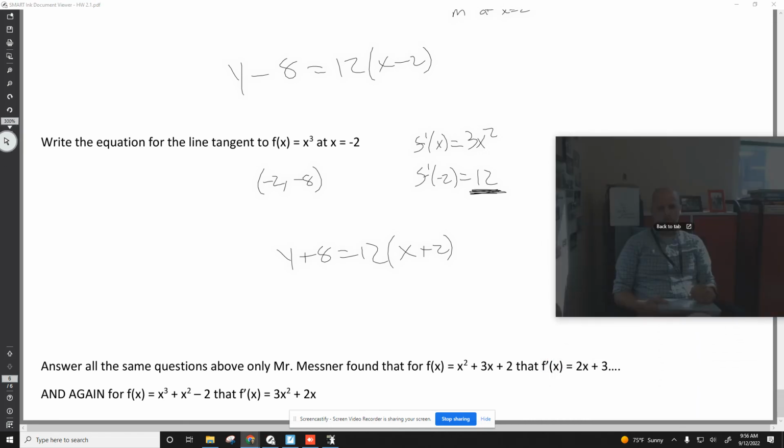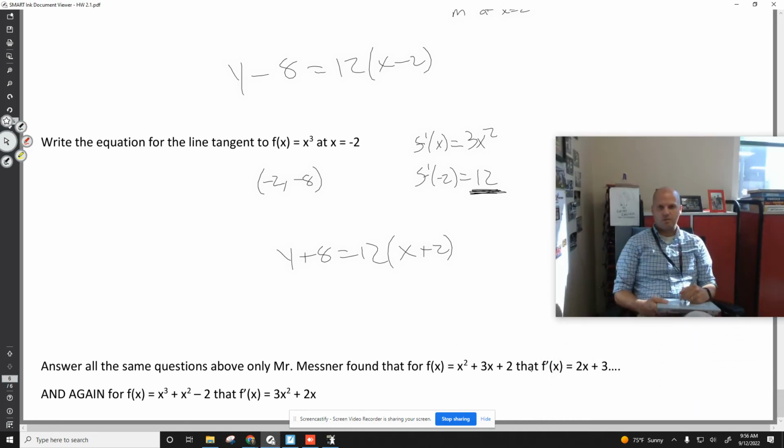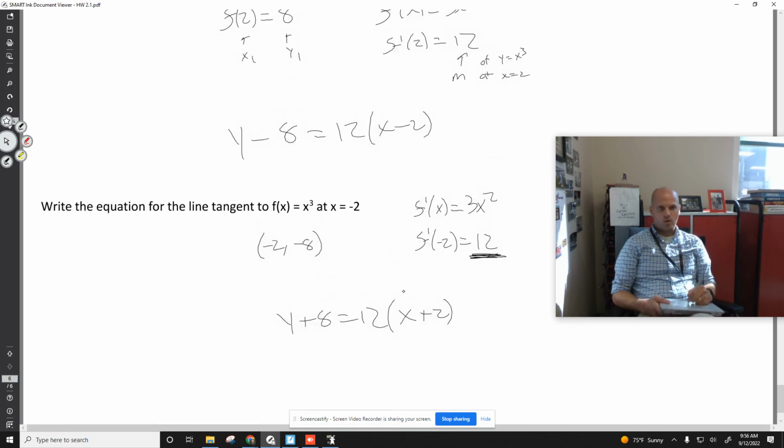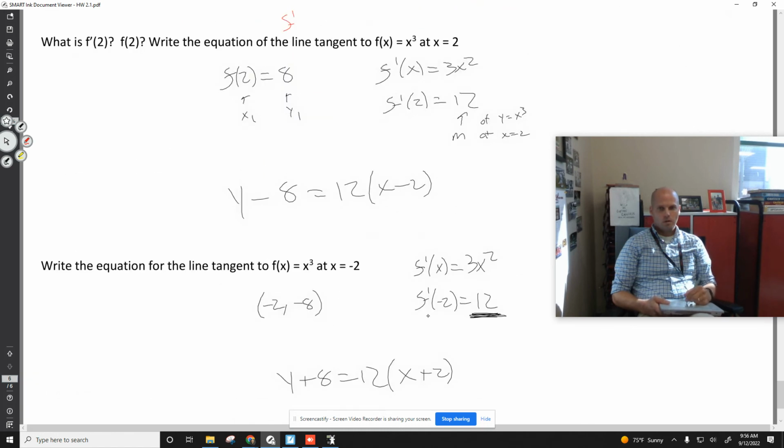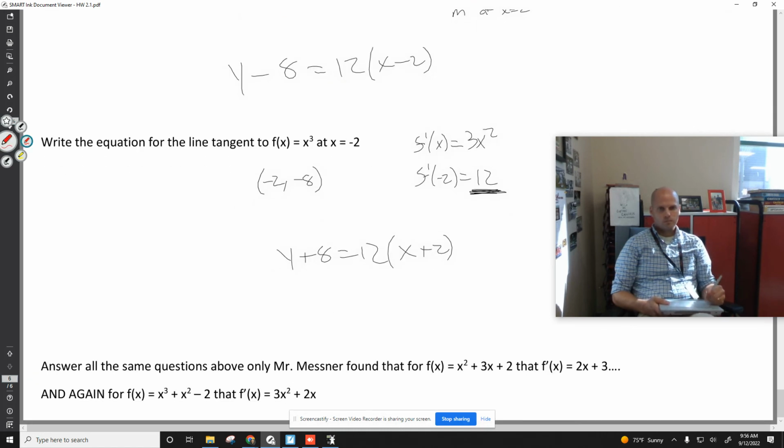Now, I'm asking you to do the same thing as we did before, but with these different functions, okay? I'm just going to do one of them. I'm going to do this one at x equals 2, and I'll do this one at a different x value, x equals 1.